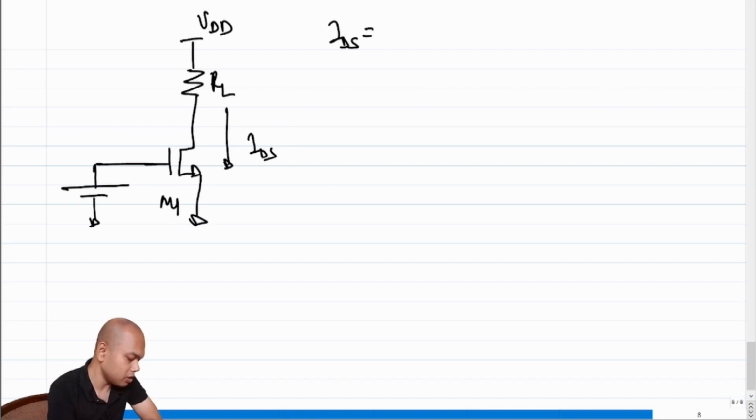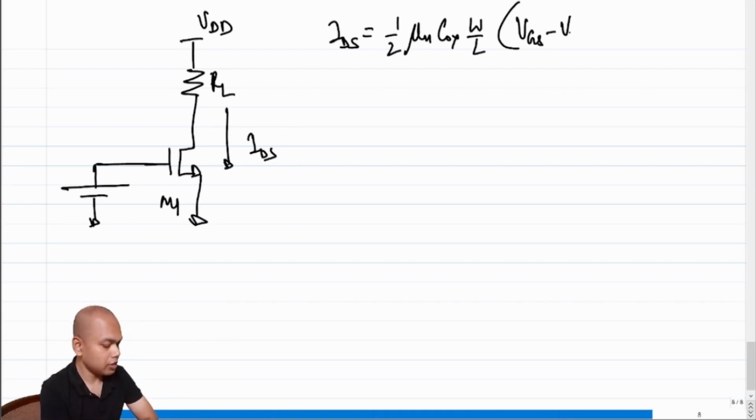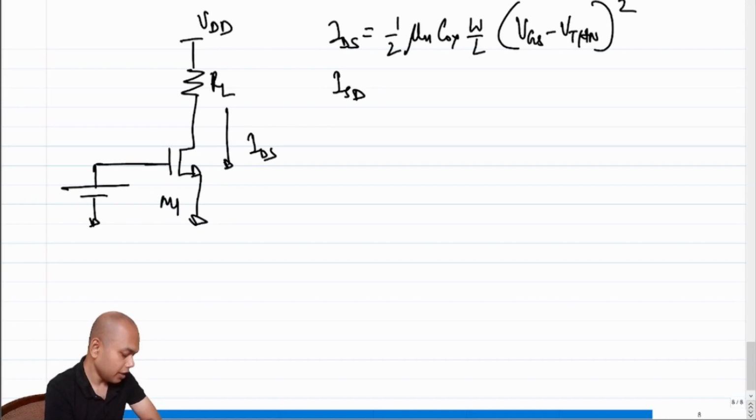In case of n-Mos, the current equation is IDS is half mu n Cox W over L (VGS minus threshold voltage) whole square. In case of a PMOS, it's ISD.